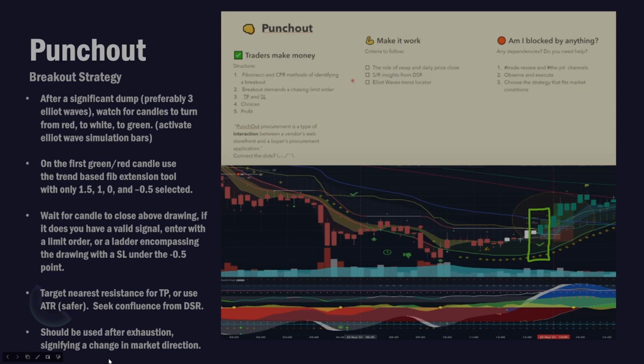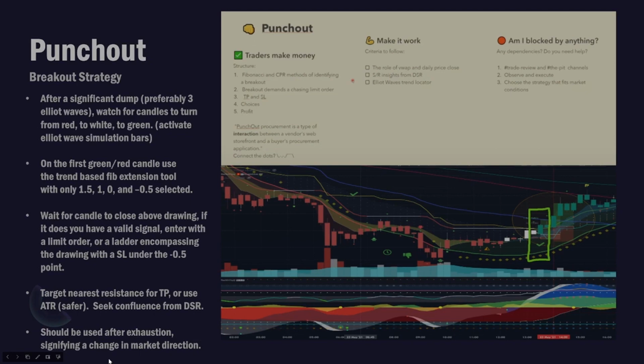Like if DSR has been trending down consistently for a while, we're having the pivot points showing bearish days consistently, and then all of a sudden you show an outside pivot or an inside pivot, or something changes, and you notice that the S1 and R1 zones are now much wider than they were before, and the CPR is super tight, very thin.